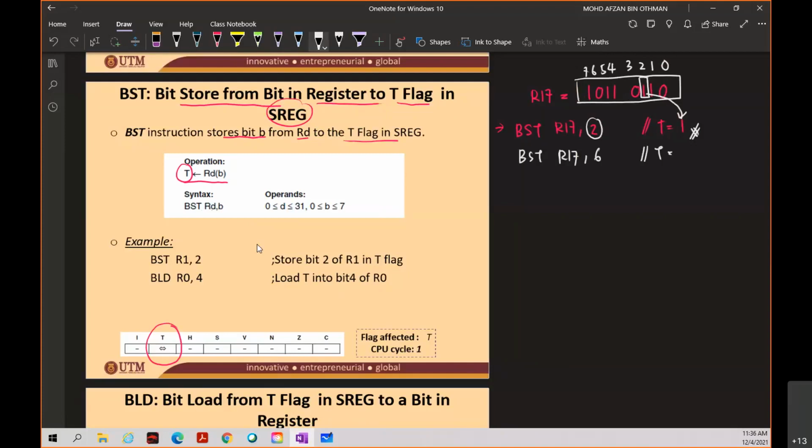Your T becomes 0. Why does it become 0? Because you go to bit 6 inside of your R17, take the value, and put it to your T flag. So automatically your T flag equals 0.